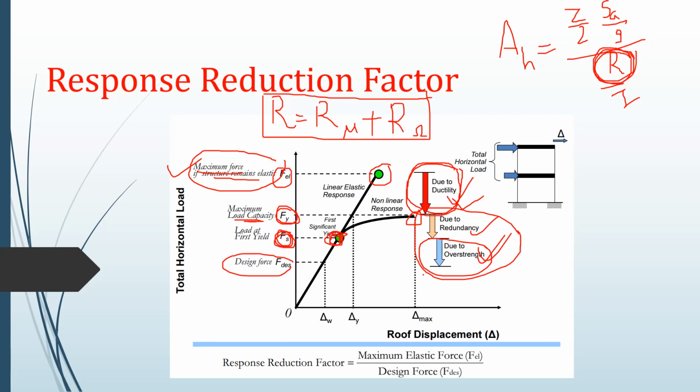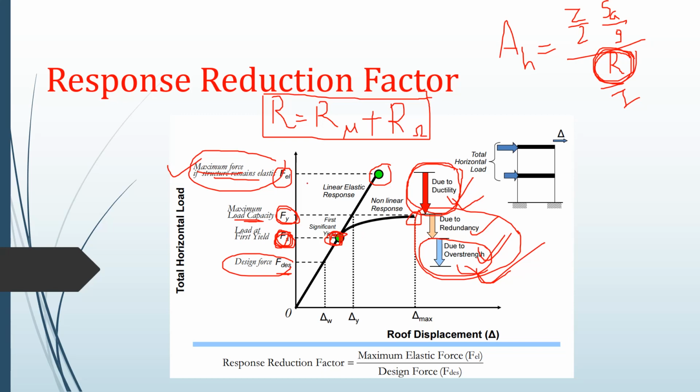Even the strength contribution of non-structural elements contributes to the overall overstrength of our structure. And finally, our ductile detailing also adds to the strength. So all these factors contribute to the overstrength of our structure, and because of this presence of overstrength, we are able to reduce our design load from FS to FDES.